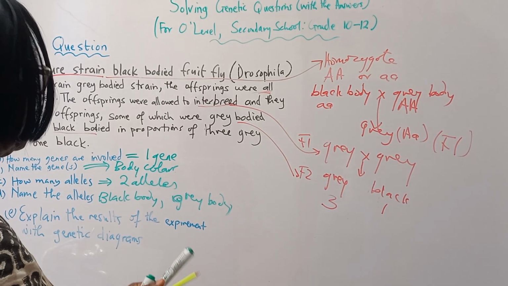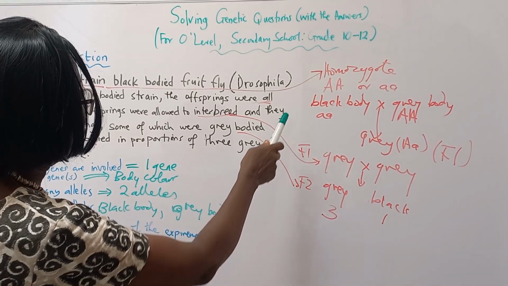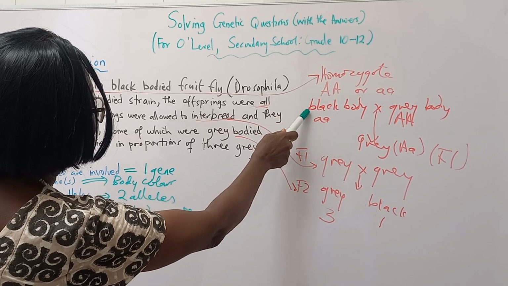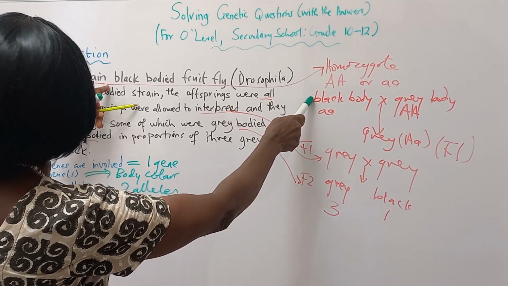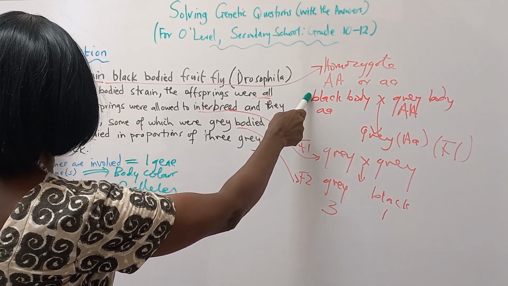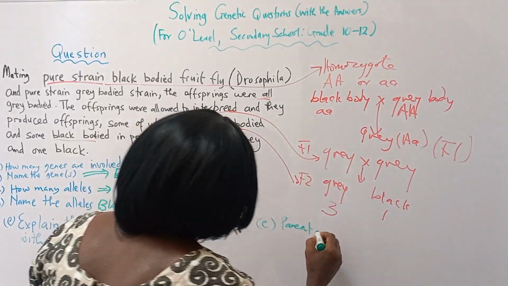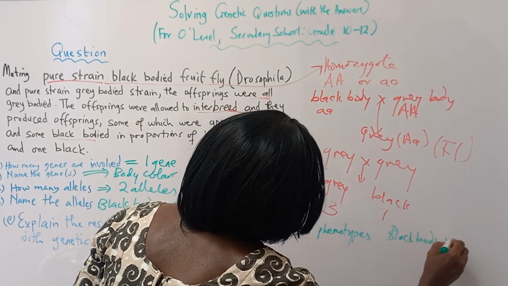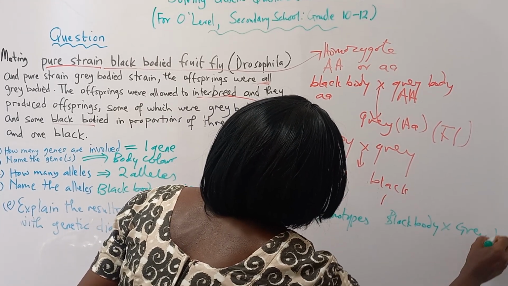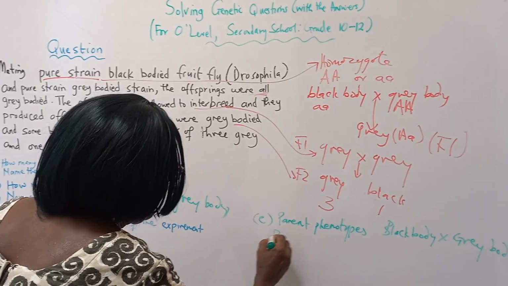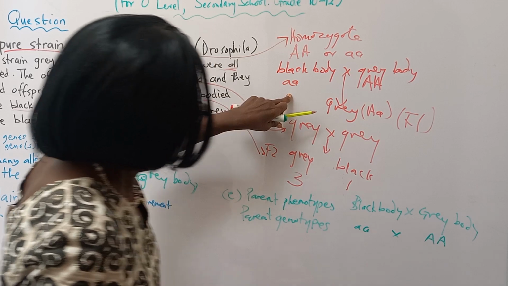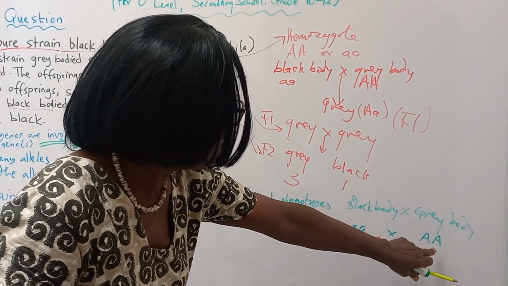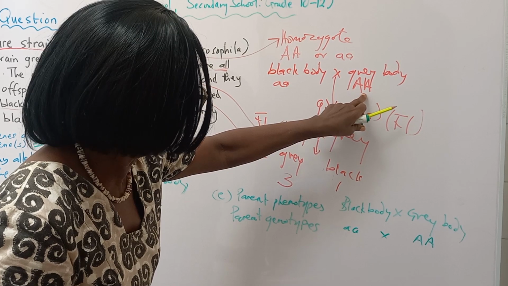This is what we are going to do, explaining the results right from the beginning here, where black-bodied strain mated with gray-bodied strain. Parent phenotype, we have black body mated with gray body. And then parent genotype, black body is homozygote recessive, and gray body is homozygous dominant.